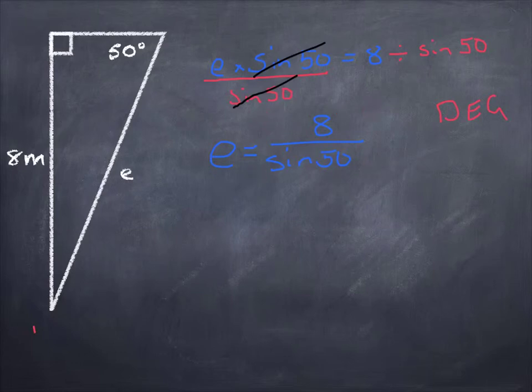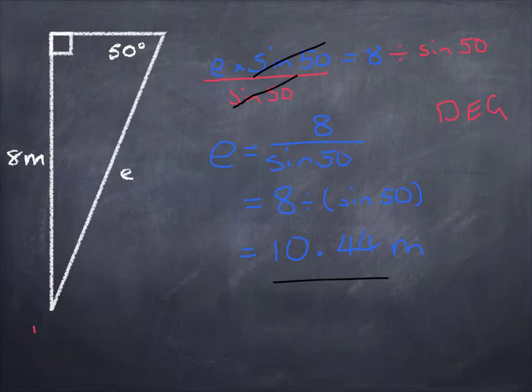You can use the fraction, or you might want to put it in something that looks more like 8 divided by sine of 50. Either way should work, and that will give you an answer of 10.44 meters, which is our units. And that is our answer.